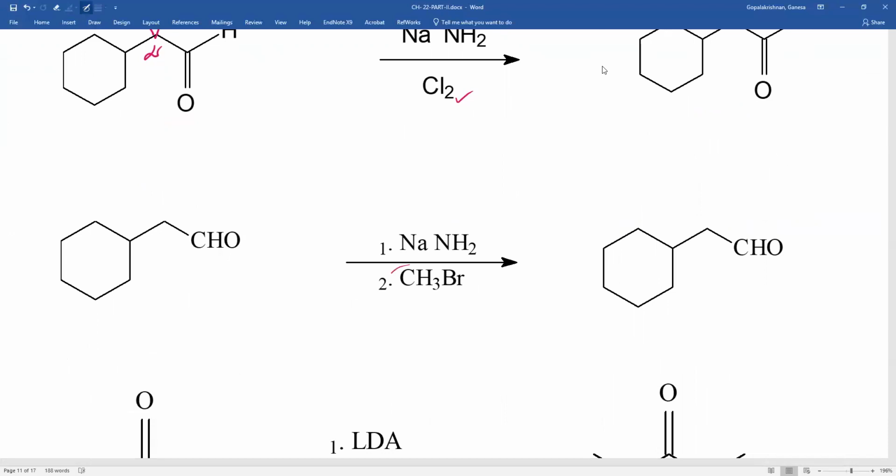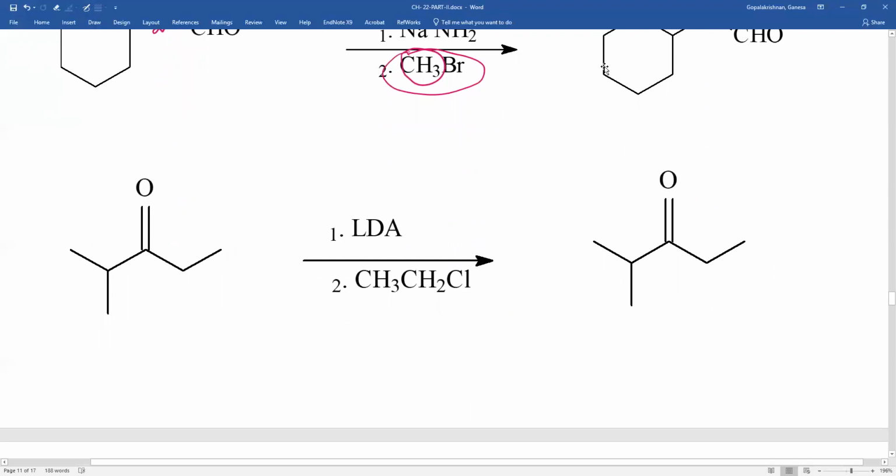This is an alkylation reaction. This alpha carbon has two hydrogens, but you know alkylation is monosubstitution. It will replace only one hydrogen with the alkyl group from the alkyl halide. The other hydrogen will still be there. This one, the same thing, we are using alkylation.